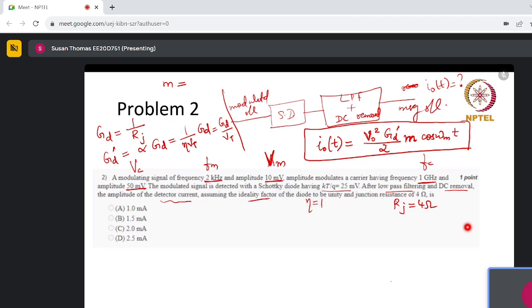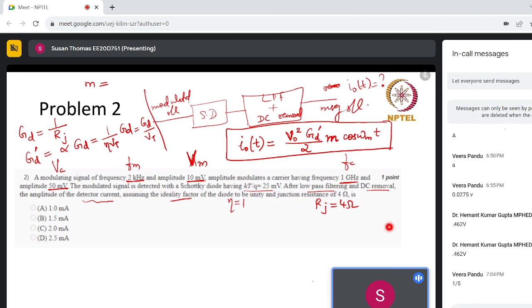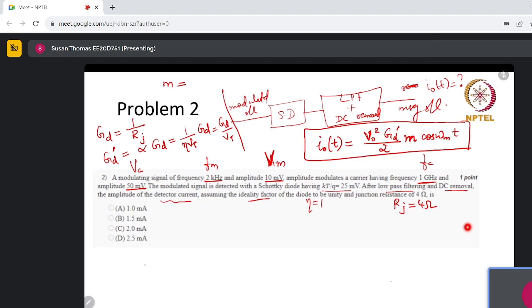Yes, right answer, it is 10 by 50, which is 1 by 5. So M is 10 by 50, which is 0.2. Basically M is Vm by Vc.